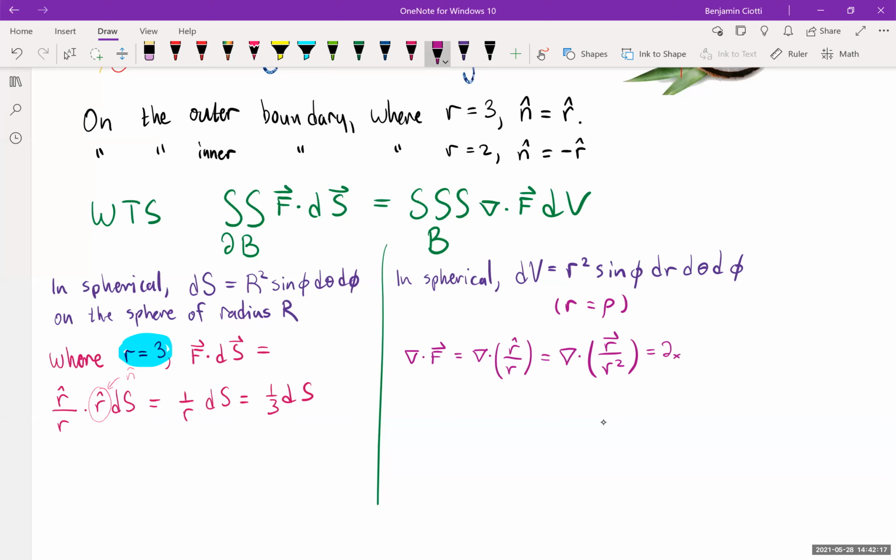It's like partial x of x over r squared plus partial y of y over r squared plus partial z of z over r squared. R hat is the unit vector in the direction of r, so it's r over the length of r, which is the same as r over r. And r is x, y, z.